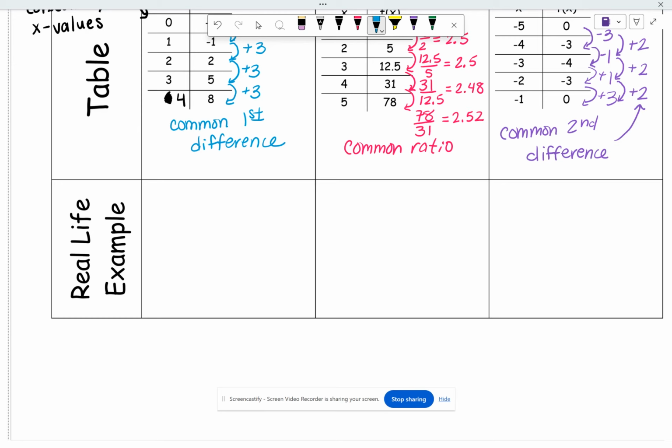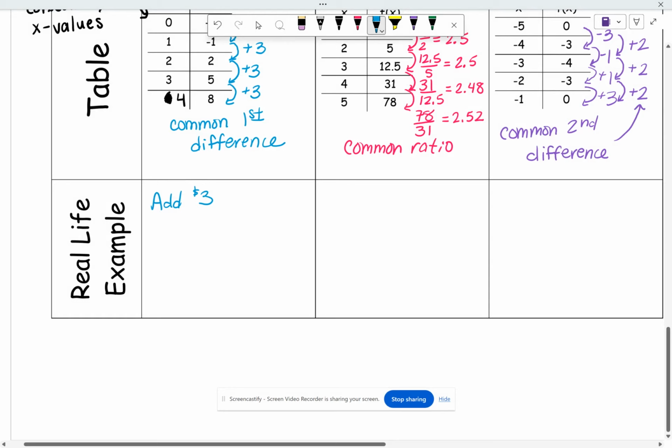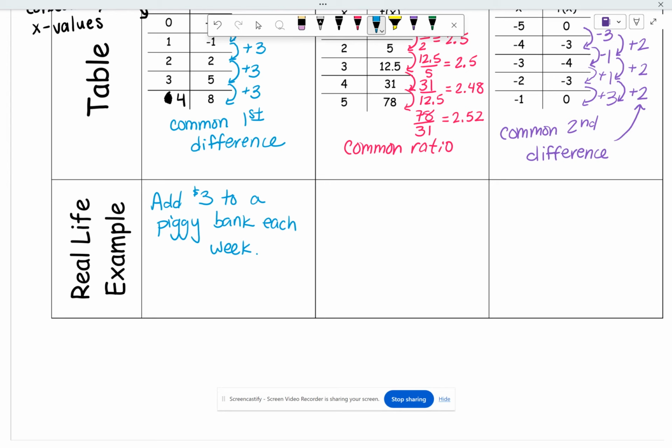And so if I have a common increase or a common slope, this could be like add $3 to a piggy bank each week. All right, so if every single week you put $3 in the piggy bank, then you would have a linear function.